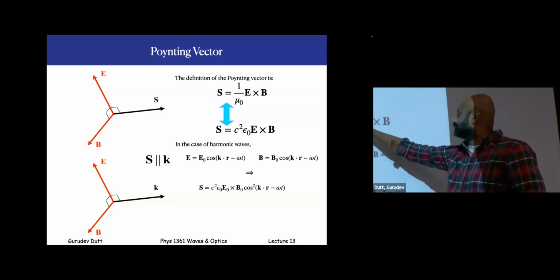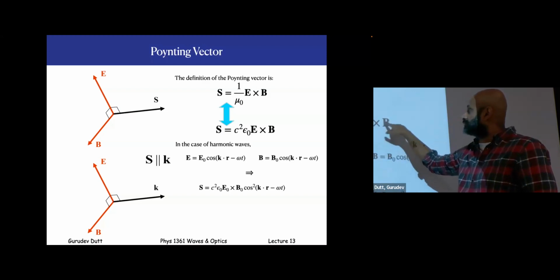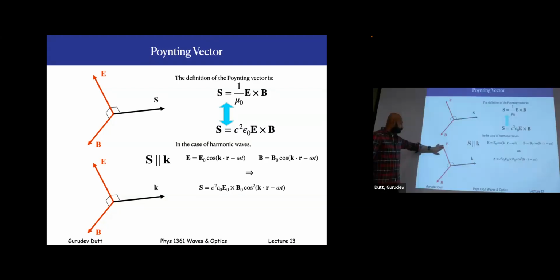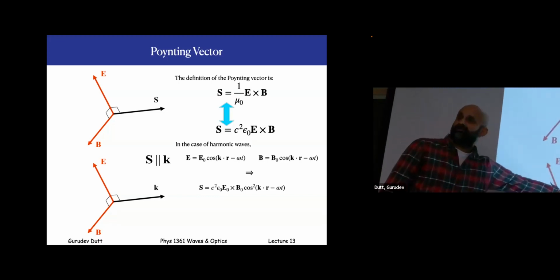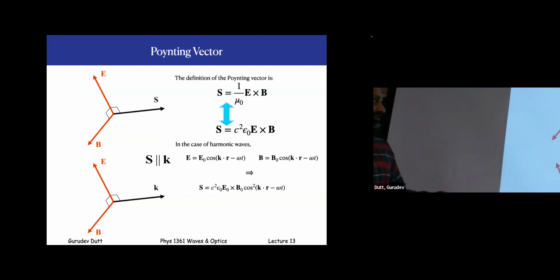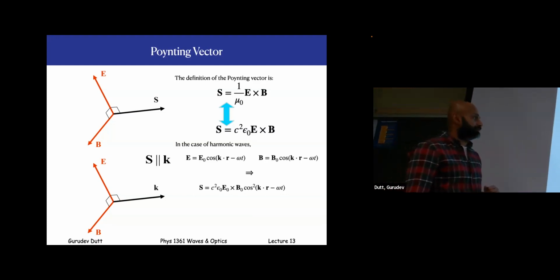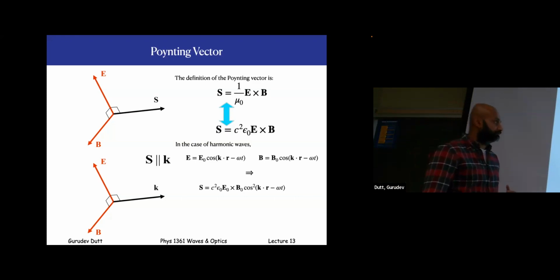So S is also equal to c squared epsilon naught, E cross B. The main point is that E cross B is parallel to the direction of the Poynting vector, which for plane electromagnetic waves is along the k vector of the wave. Therefore S is always parallel to this k vector.